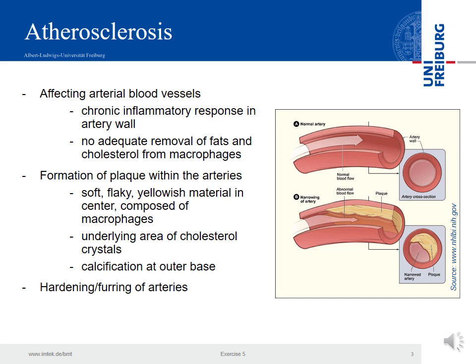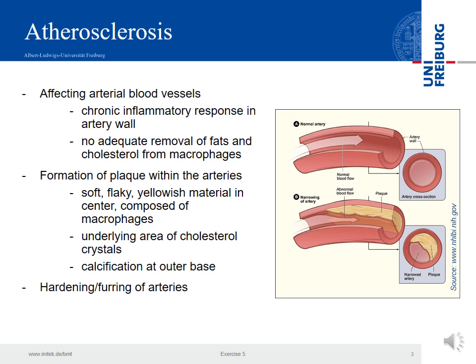That means there's a piece of soft, flaky, yellowish material composed of macrophages, and cholesterol crystals are in the underlying area, and there's a calcification of the outer base. This hardens the arteries and reduces the cross-sectional area.